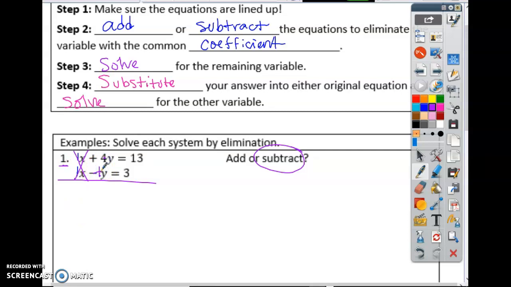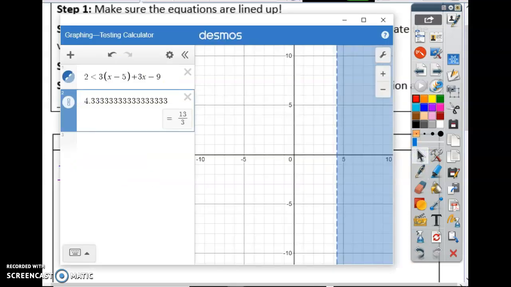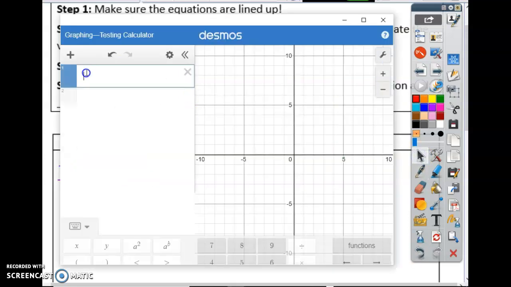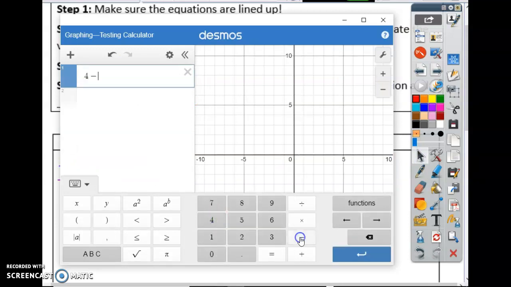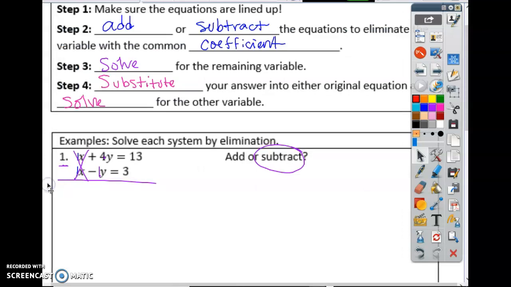What does that give you? 4 minus negative 1. Put it in decimals. 4 minus negative 1 gives you a positive 5. So now I have 5y. So right here, when I subtracted these two, it gave me 5y. Bring down the equal sign.